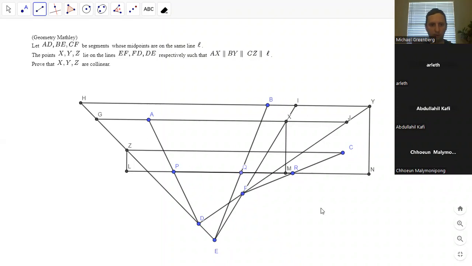So CZ is parallel to L. So let's see. ZL is the distance from F to PQR, right?